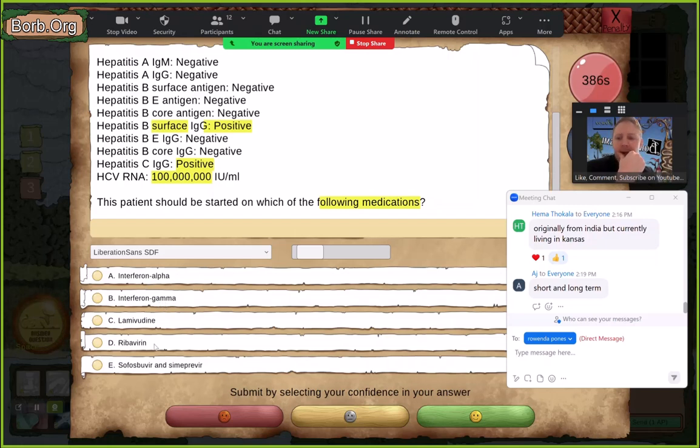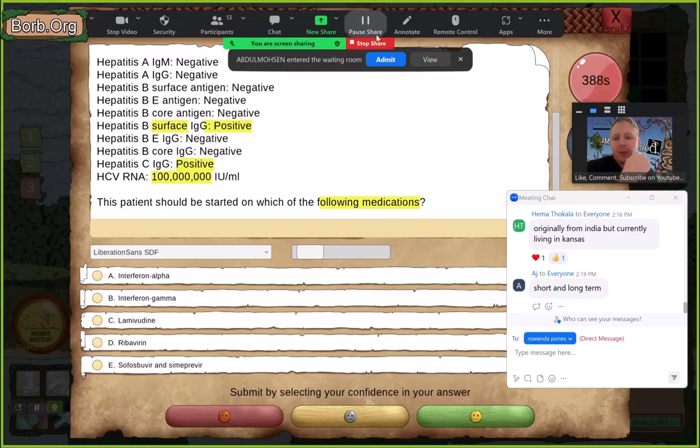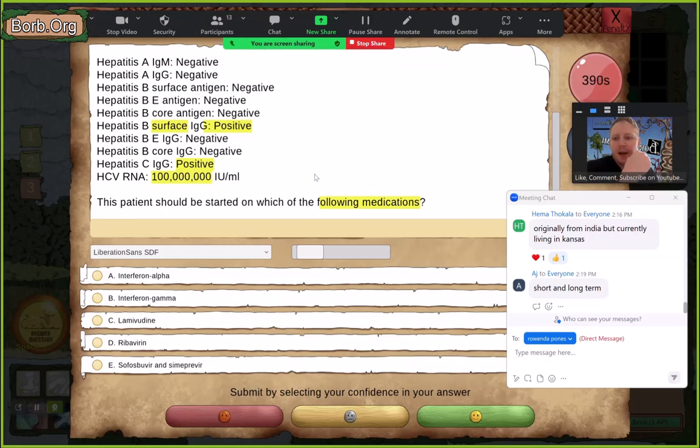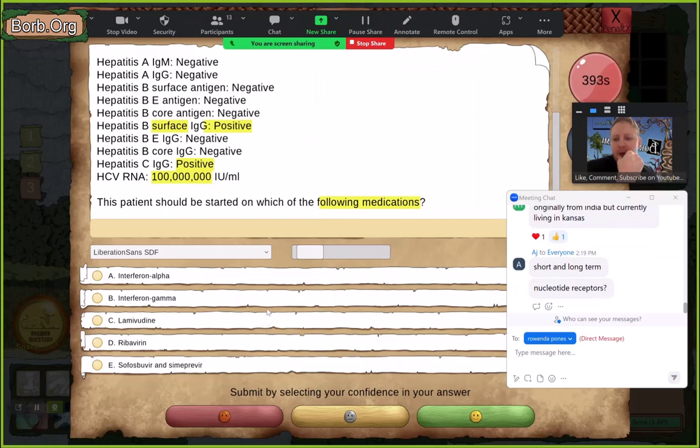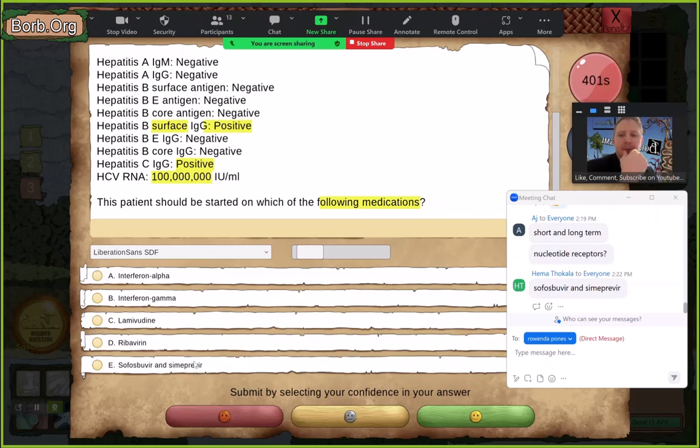Interferon alpha, ribavirin, sofosbuvir, and simeprevir. If I remember correctly, I think sofosbuvir and simeprevir are for hepatitis B. But what do you think about this RNA being 100 million units per milliliter?